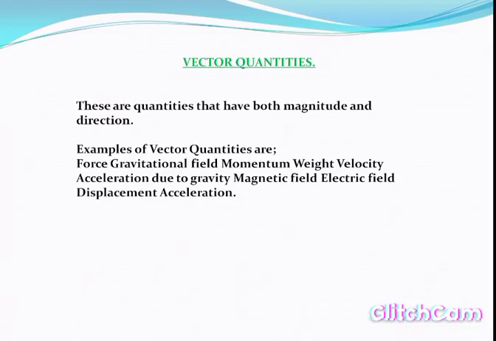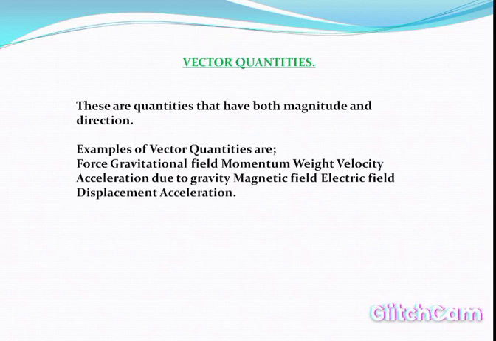Now let us quickly look at vector quantities. Vector quantities are quantities that can be described by their magnitude and direction. That is, they have both magnitude and direction.